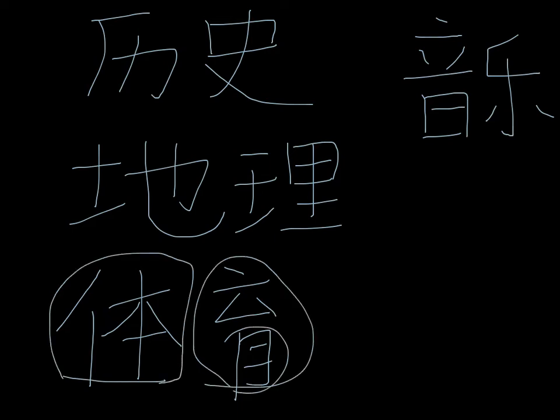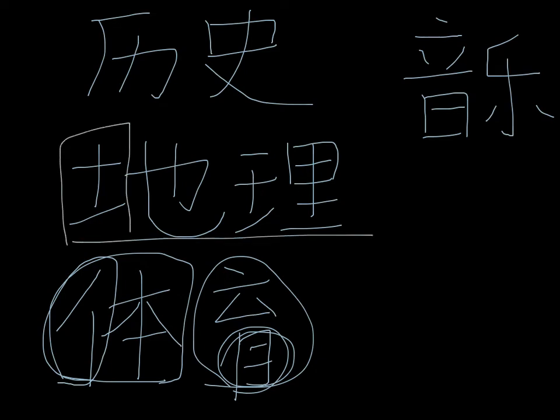On this 育, this bit looks like a ladder. So in your PE lesson, you climb a ladder. On the left side of this 体, that's a person radical. So obviously PE largely involves people. And this 地理 on the left side, that is a soil radical.